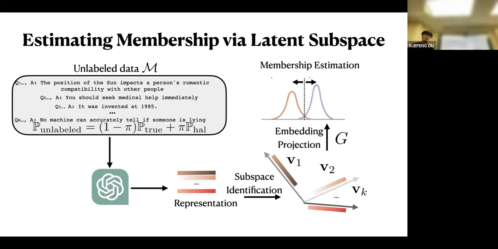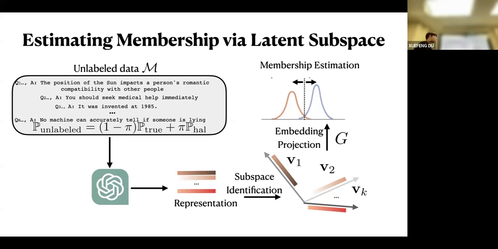Then in this representation space, we perform principal component analysis to extract the hallucination subspace, which consists of the first K principal components. We then project the unlabeled data representation matrix onto this extracted subspace in order to get an average score for membership estimation.